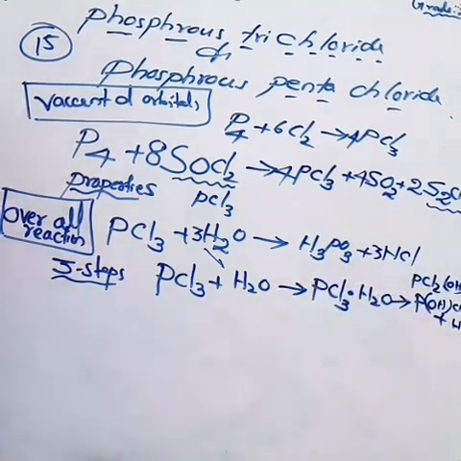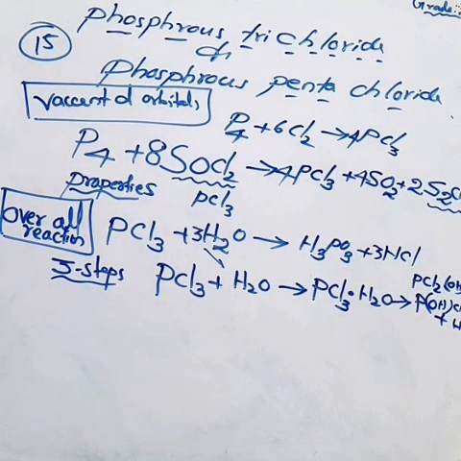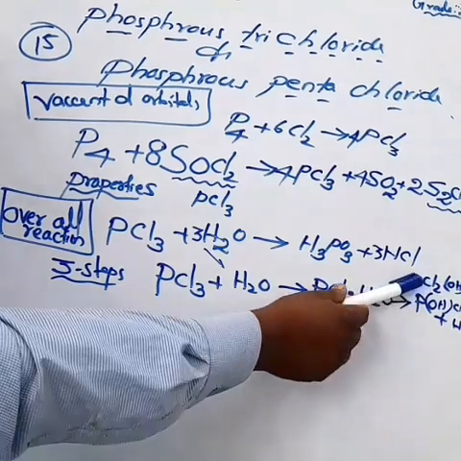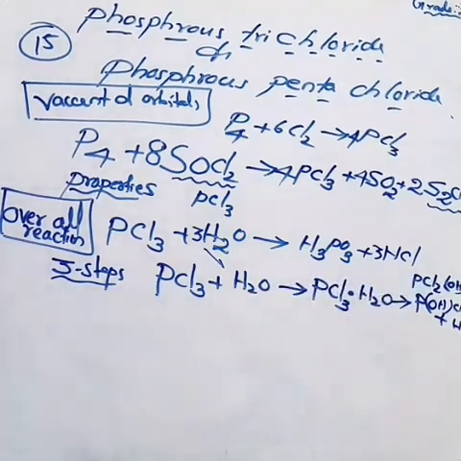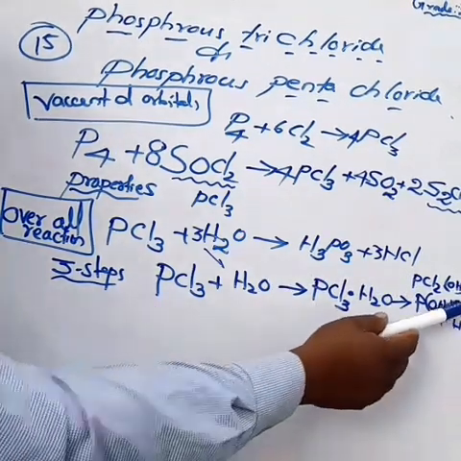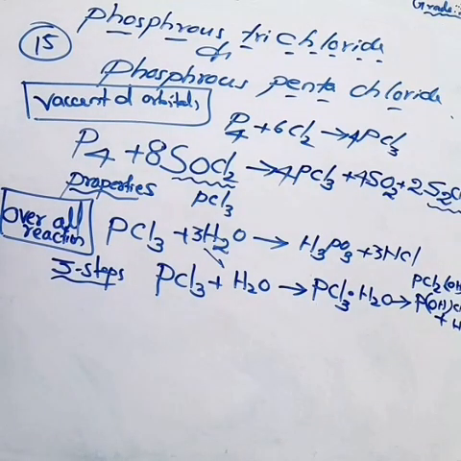So the remaining product is PCl2OH, otherwise POHCl2. This is the first reaction. Can you say the name of the compound? Phosphoryl chloride.